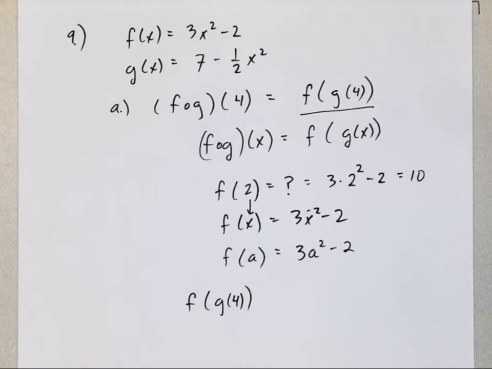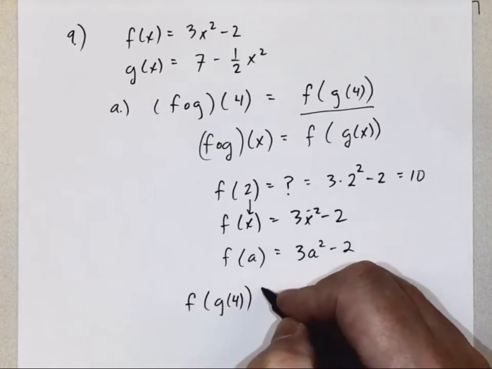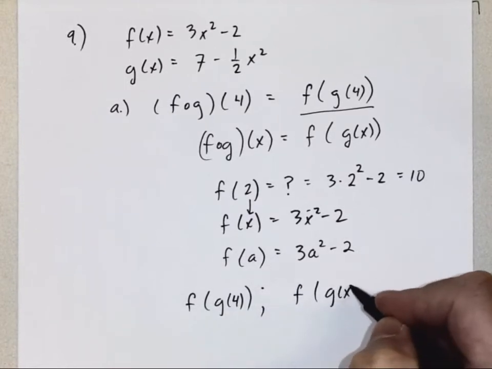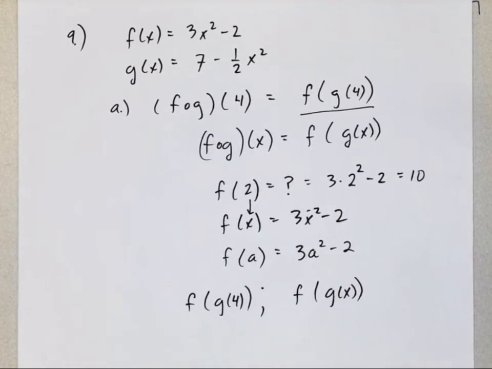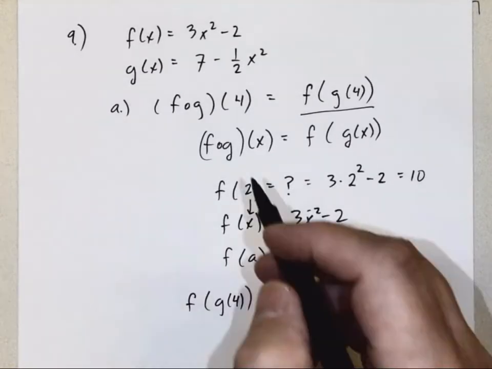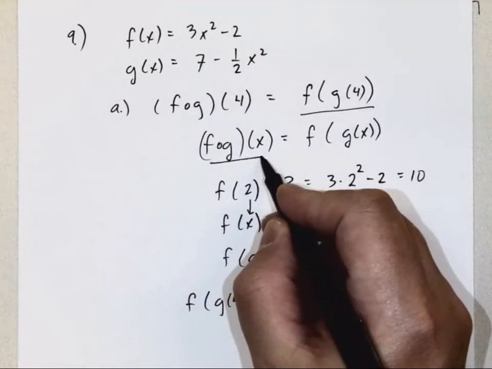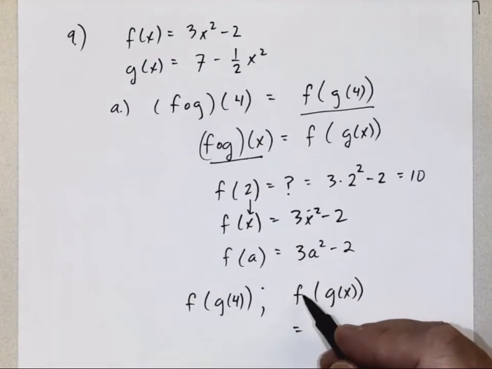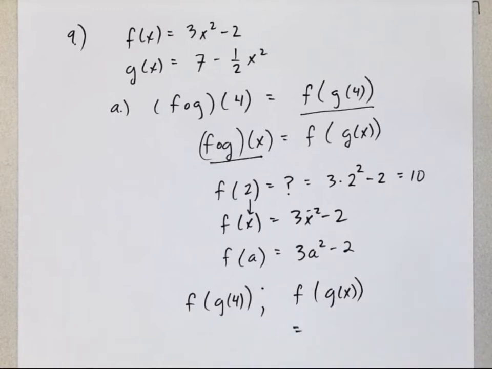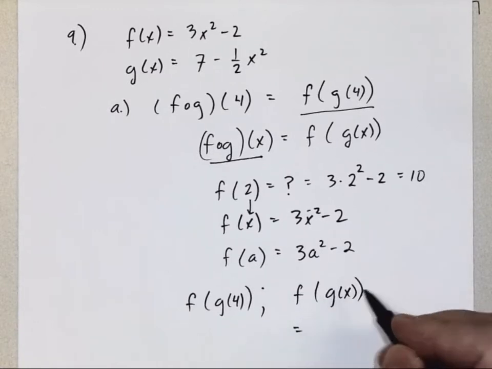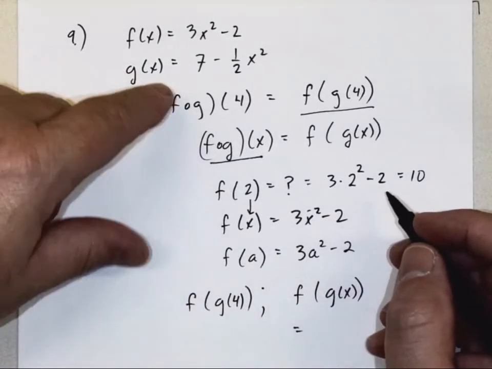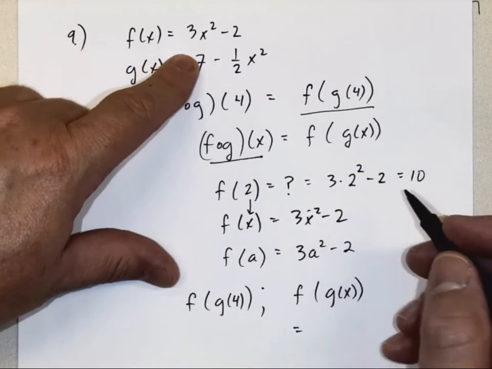Now in this case, just so you guys understand it. Say they had given us the problem f composite g of x. For this one, you take your f function, and every place you have an x, you replace it with g of x. So my f function is 3x squared minus 2.